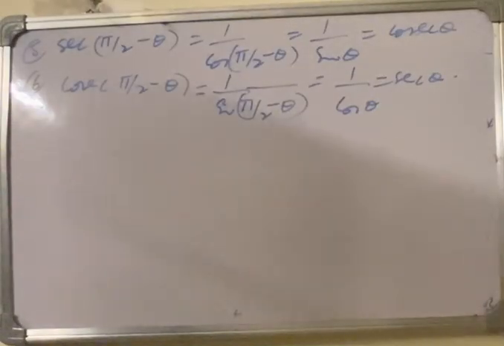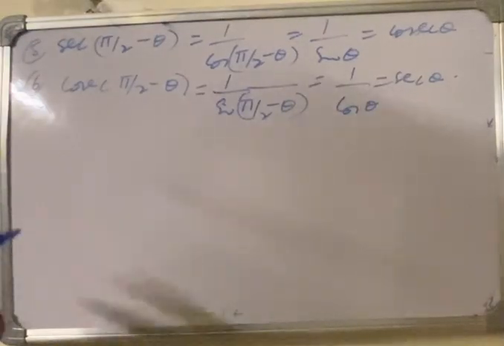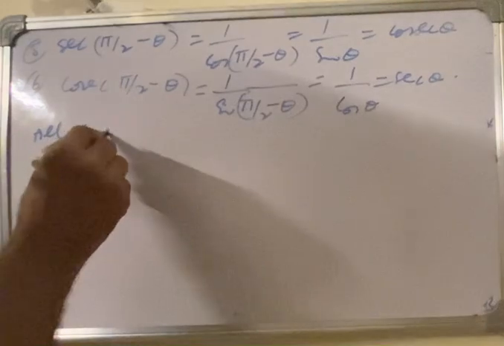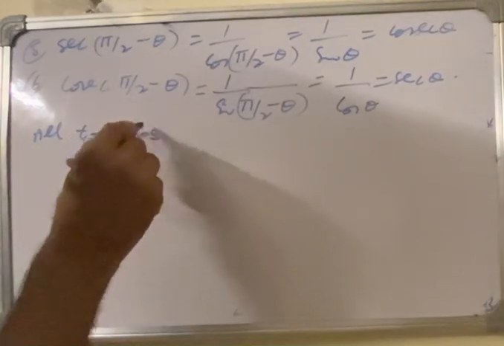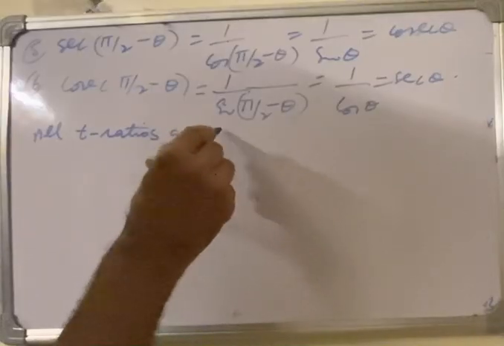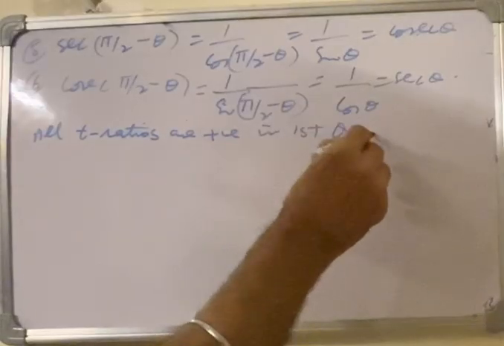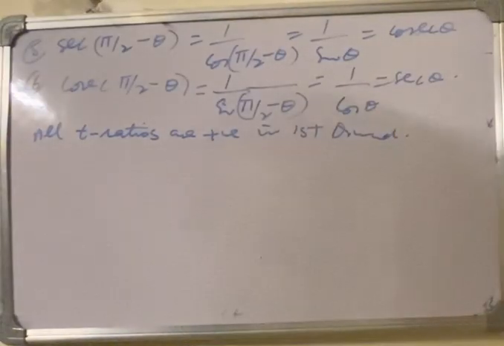Now we have seen all these 6 trigonometric ratios in terms of pi by 2 minus theta. All trigonometric ratios are positive in first quadrant. 2 pi plus theta we shall take in the end.